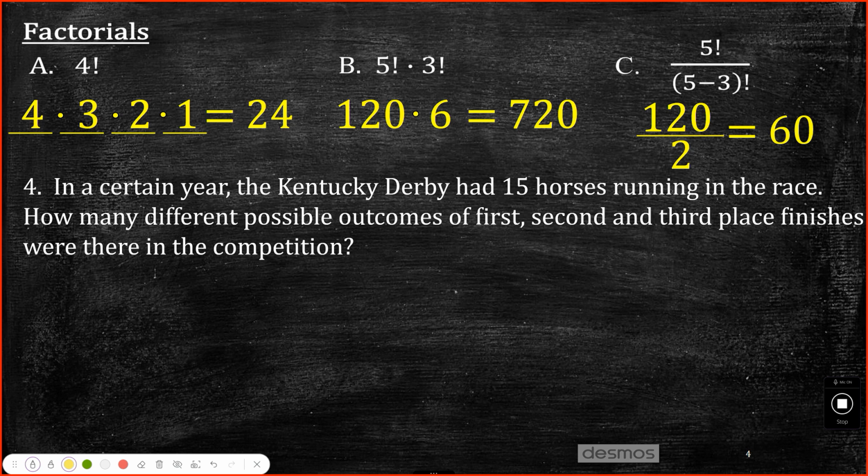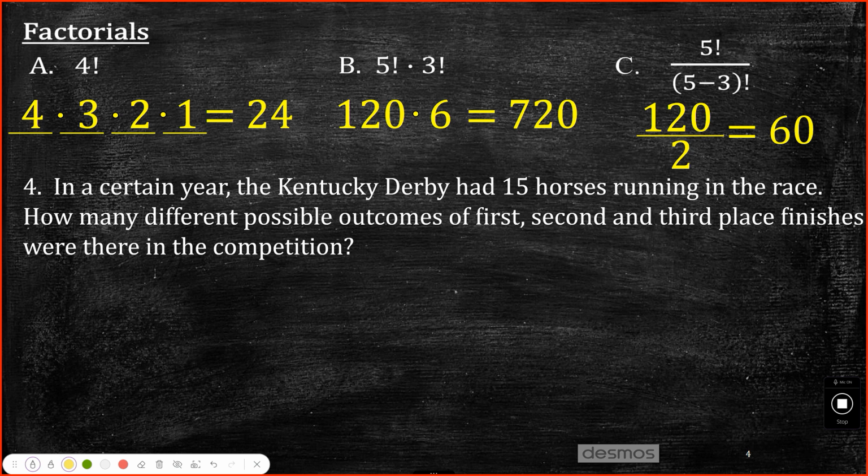What'd you get? What you got? 2,000-something? Yeah, that is correct.